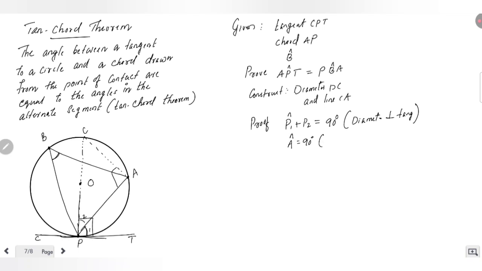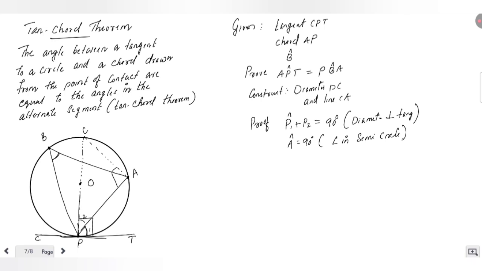The reason is the angle subtended by the diameter, or angle in a semicircle. Diameter is always subtending 90 degrees.